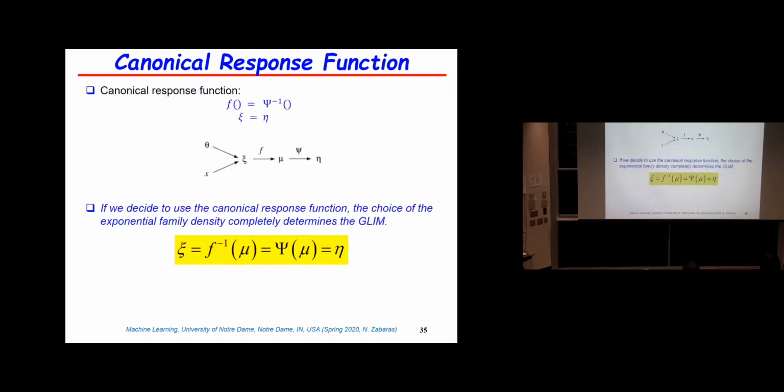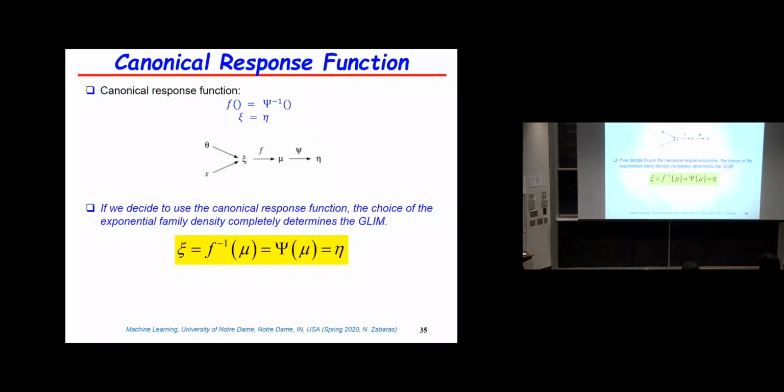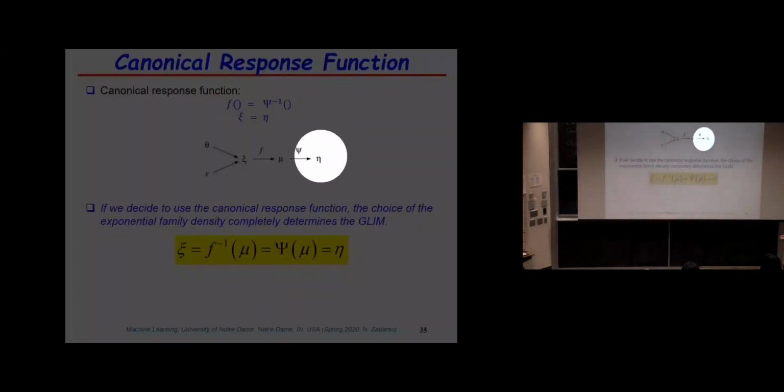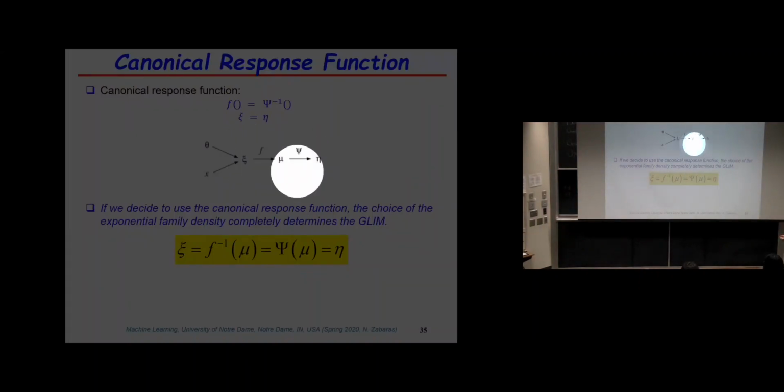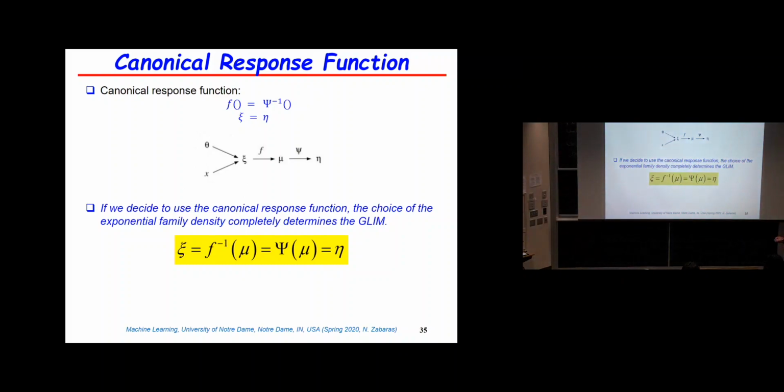Let me go back. If I use the canonical approximation, eta is equal to what? We just described this before. Eta is equal to xi, and what is xi? It is theta transpose x.